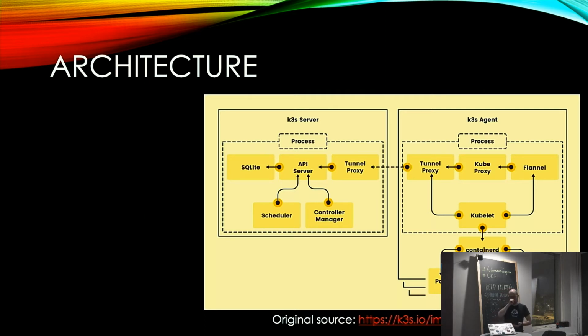From an architectural point of view, one of the super cool things that's part of K3s is also these tunnel proxy components. So in a normal world of Kubernetes, both the kubelet and the API server actually talk back and forth. So you have to have connectivity in both directions.